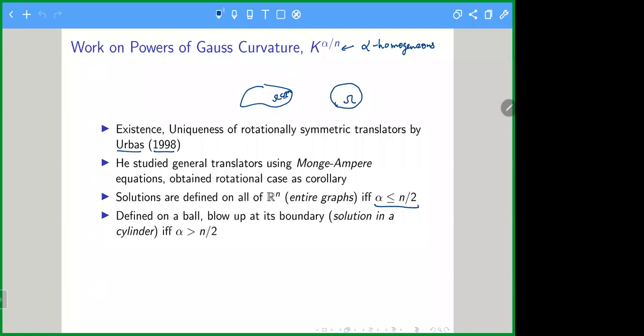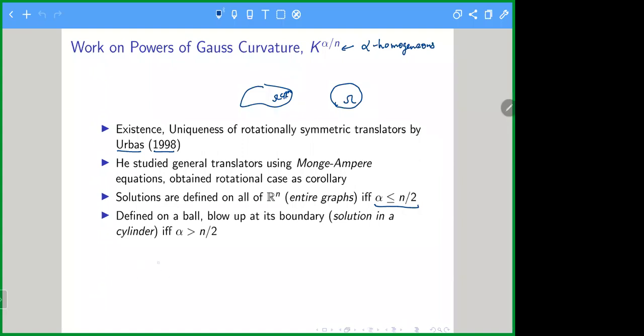But if alpha crosses n over 2, then this doesn't exist as a graph on all of R^n, but only as a graph on some finite radius ball.